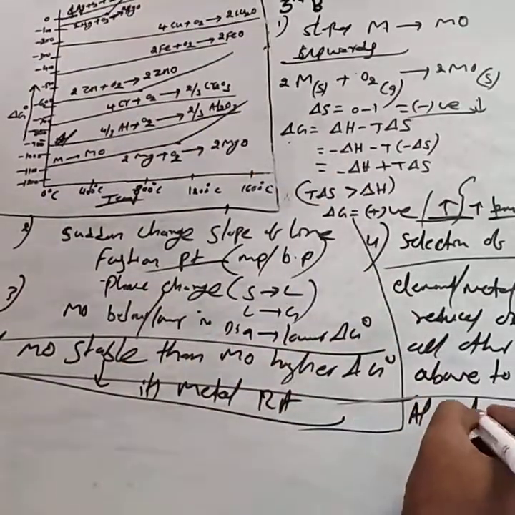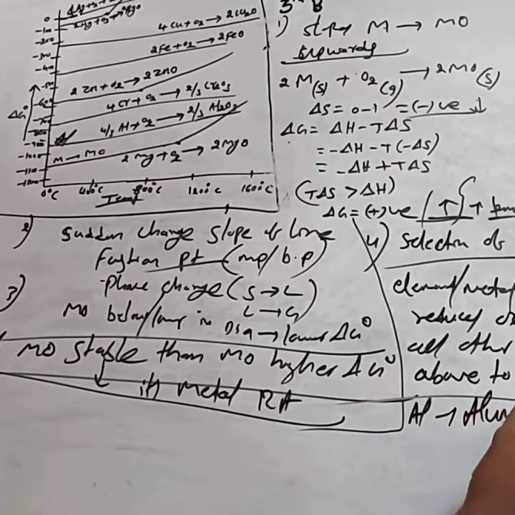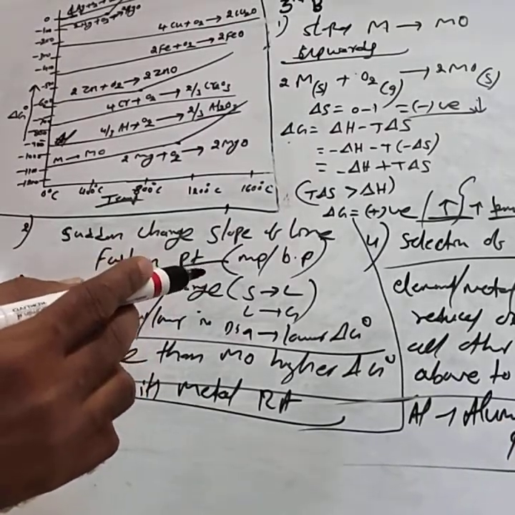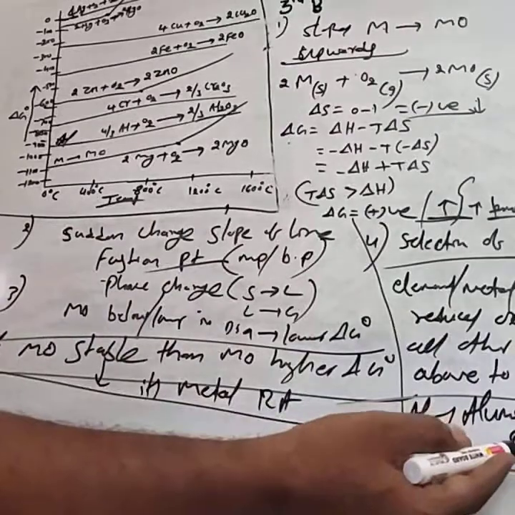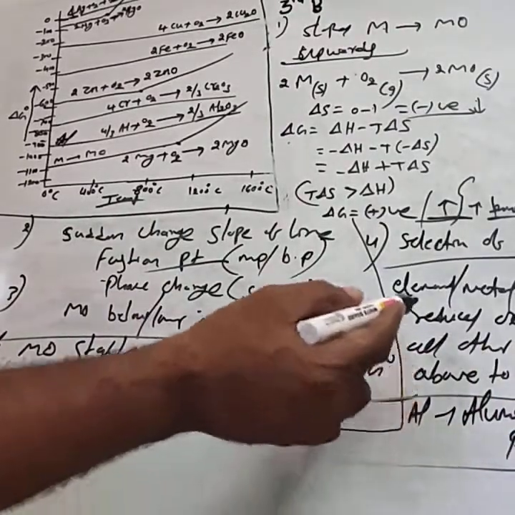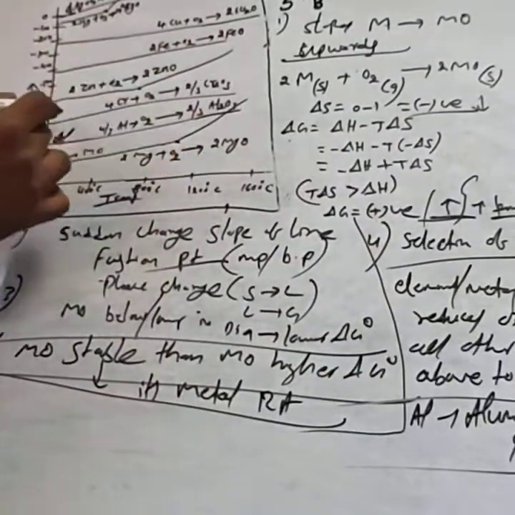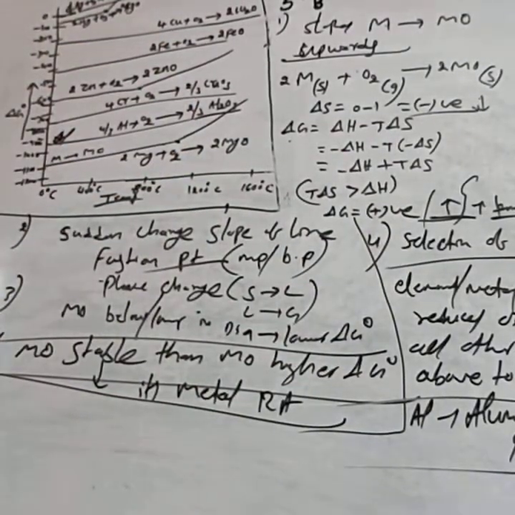That process we call the aluminothermite process. They can ask in one mark, name the reducing agent used in the aluminothermite process. The reducing agent used is aluminium. That aluminium reduces Cr2O3 into Cr. This is the next characteristic.